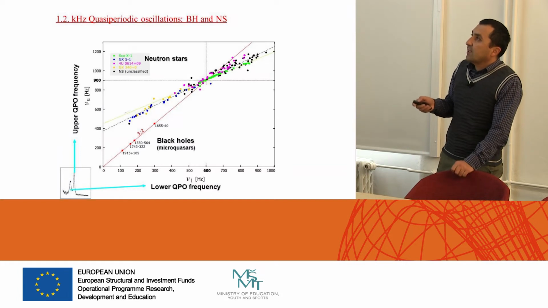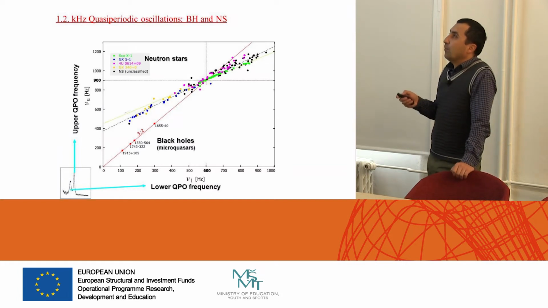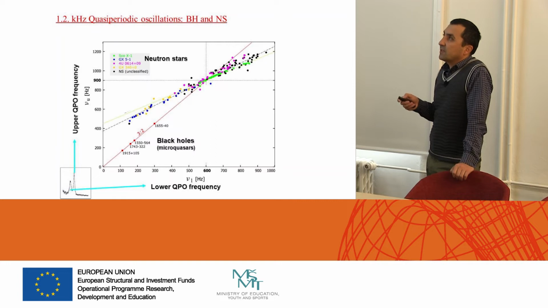Most of the observed twin peak QPOs have been observed in neutron star low mass X-ray binaries, most of them.